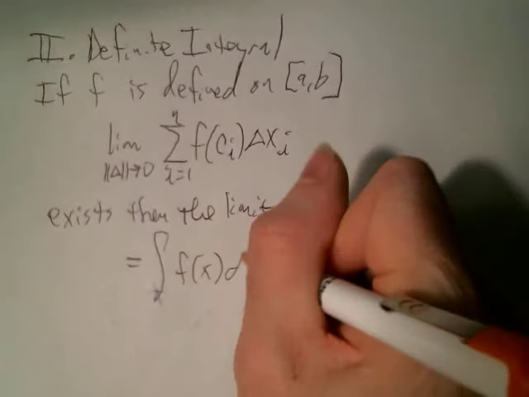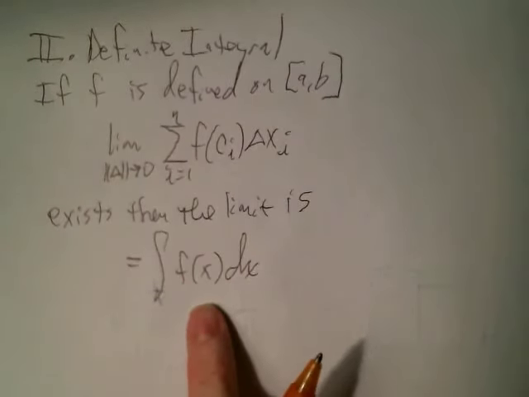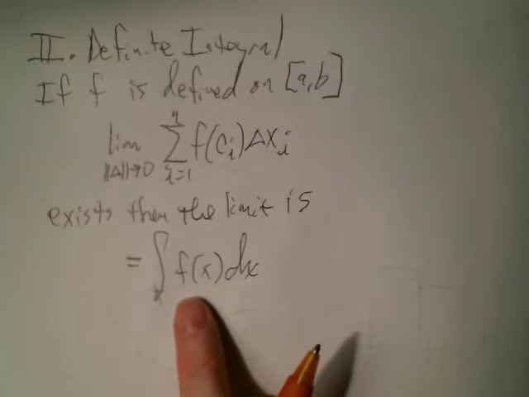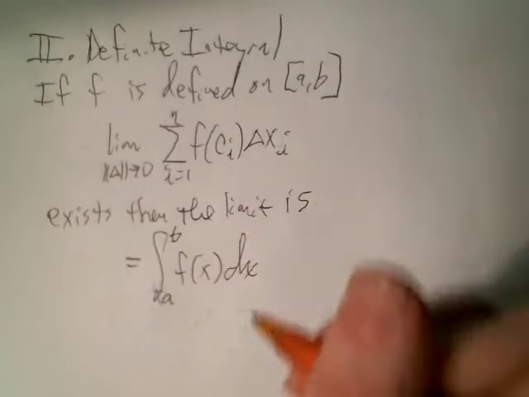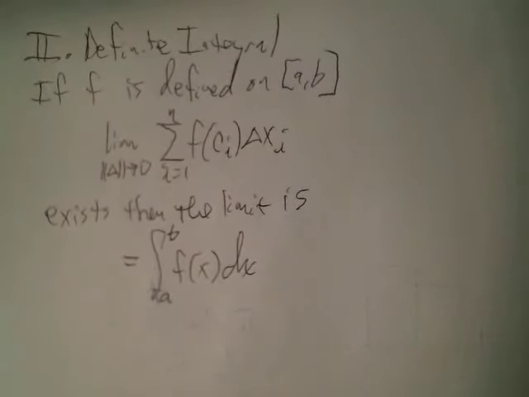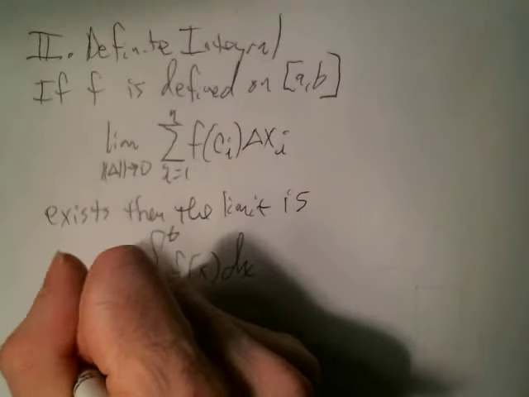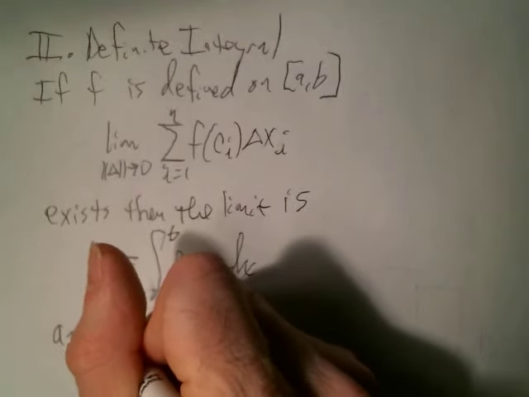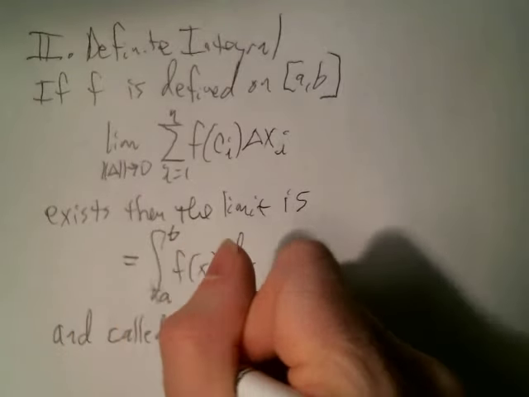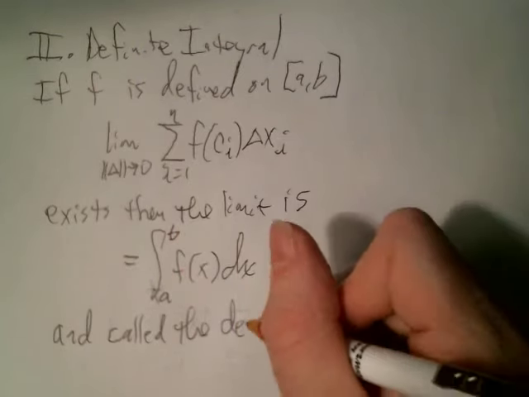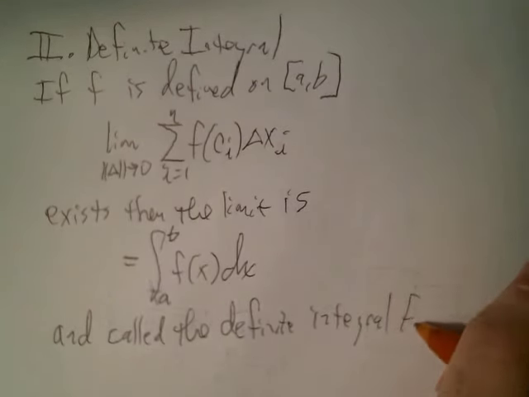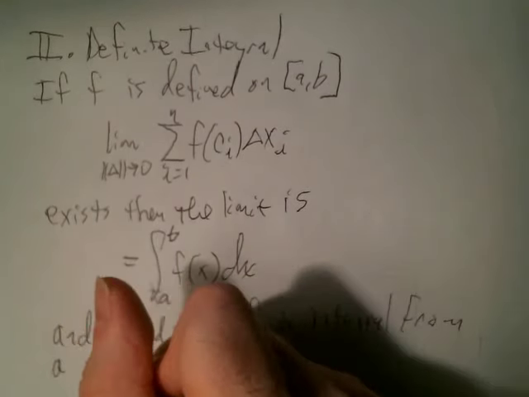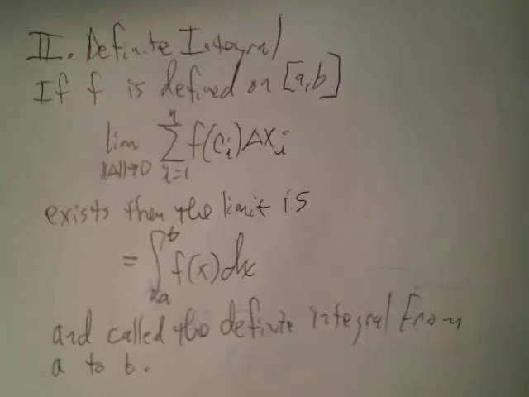Okay, so from 5.1, we labeled this as the antiderivative, the general antiderivative, or the indefinite integral. Now we have a definite integral, and what we do is put this a and b on it to let us know. So this is called the definite integral from a to b, where a is the lower limit and b is the upper limit.